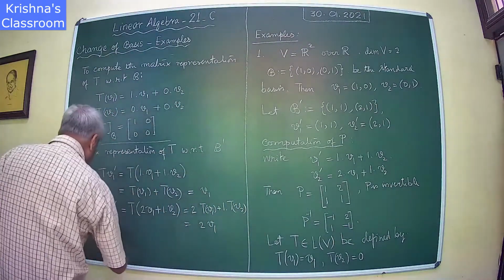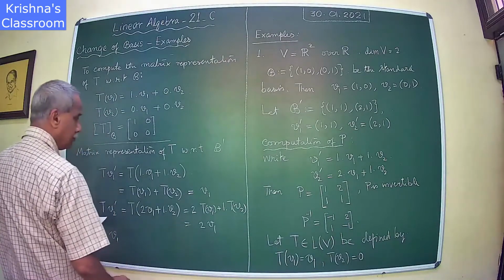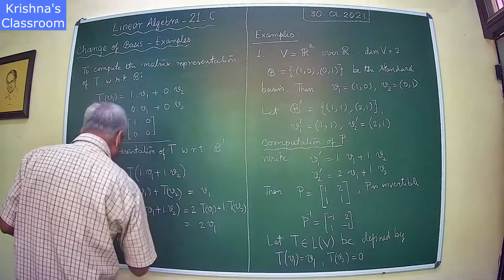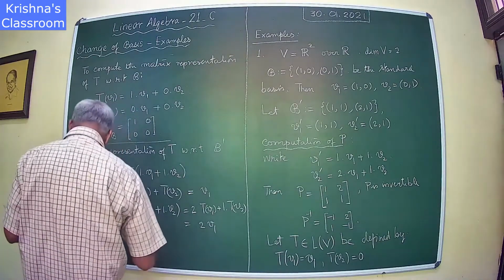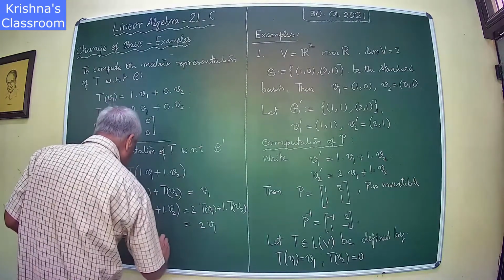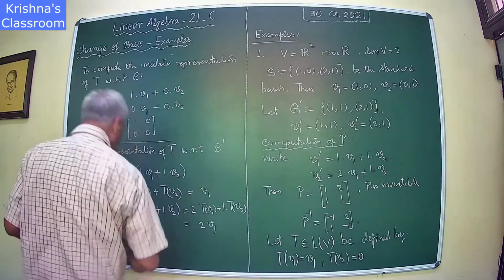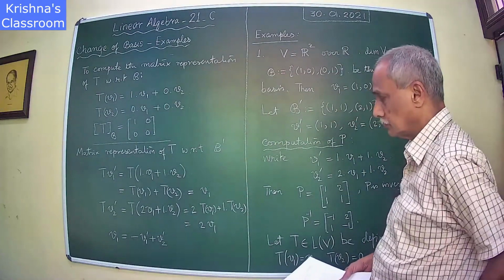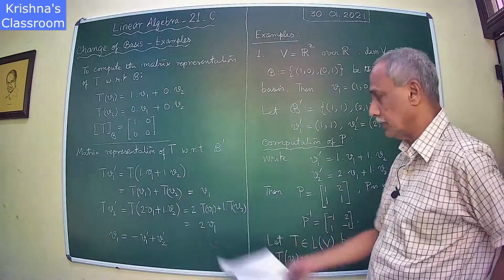So V1 is equal to minus V1 prime plus V2 prime. Okay, that's not something which you can easily verify.